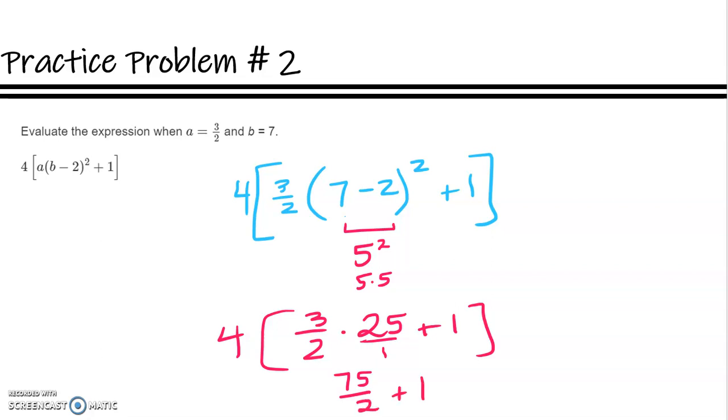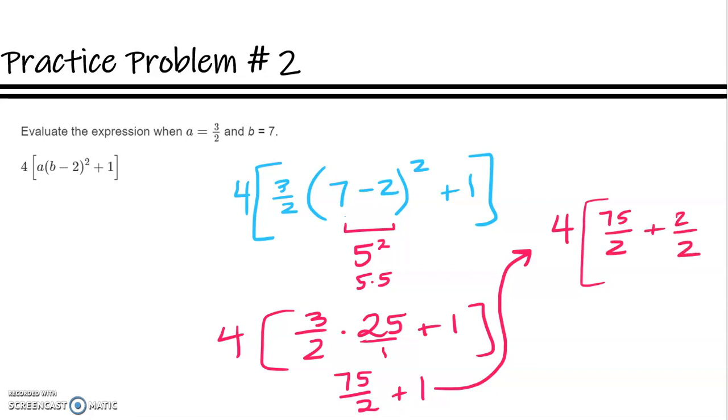And I need to add 1 to that. I could change 1 to 2 over 2. I'm going to have to kind of come over here anyway. Remember, I'm going to do 4 times whatever this is. So I could change this to 75 over 2 plus 2 over 2.